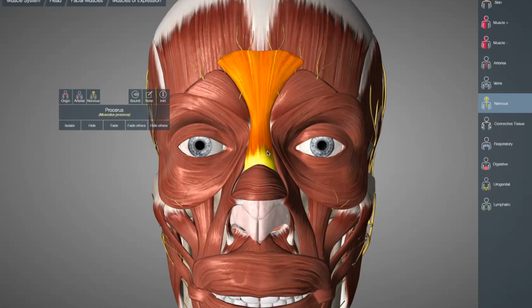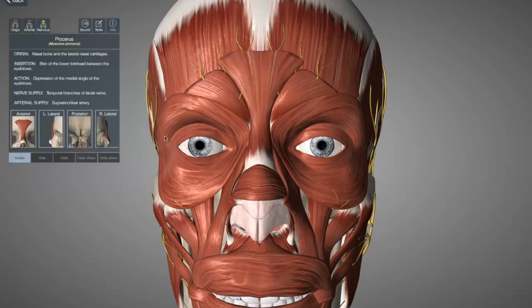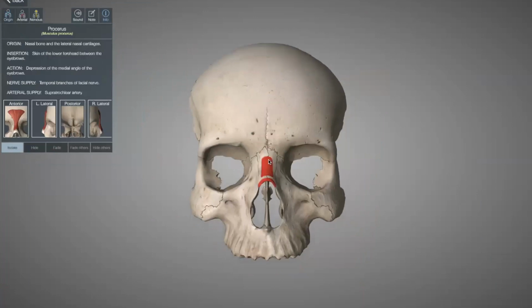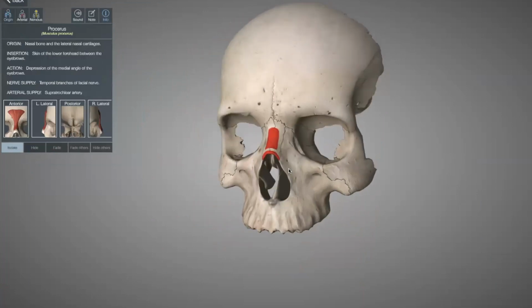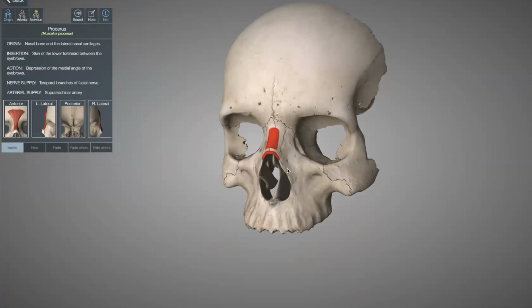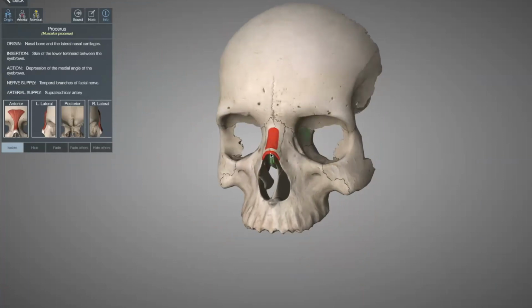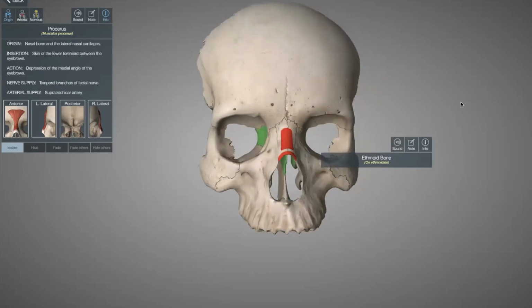Attachments: it originates from the nasal bone, right here. From the nasal bone.